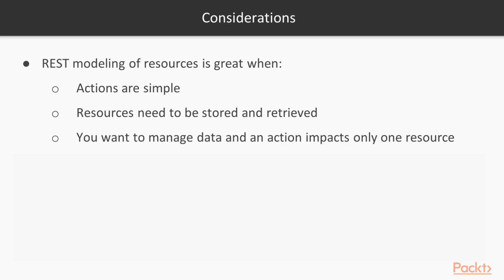It's great for managing data when an action impacts only one resource. When you have an action, when you put an object but it has side effects that need to change other resources, things don't go very well. And finally, the point of this talk is that we have other mental models and we can figure out if they are a good option or not.